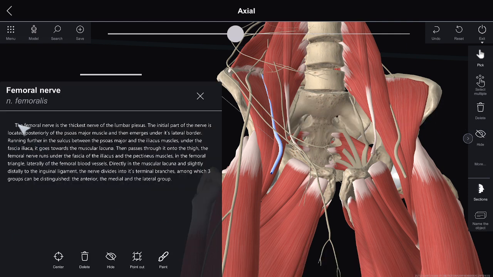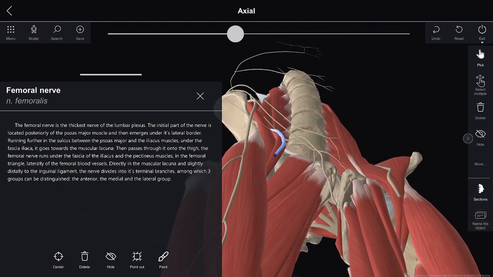Let's read. The initial part of the nerve is located posteriorly to the psoas major. We can see posteriorly to the psoas major, and then emerge under its lateral border. Here it is. Running further in the sulcus between the psoas major and iliacus, it goes toward the muscular lacuna.